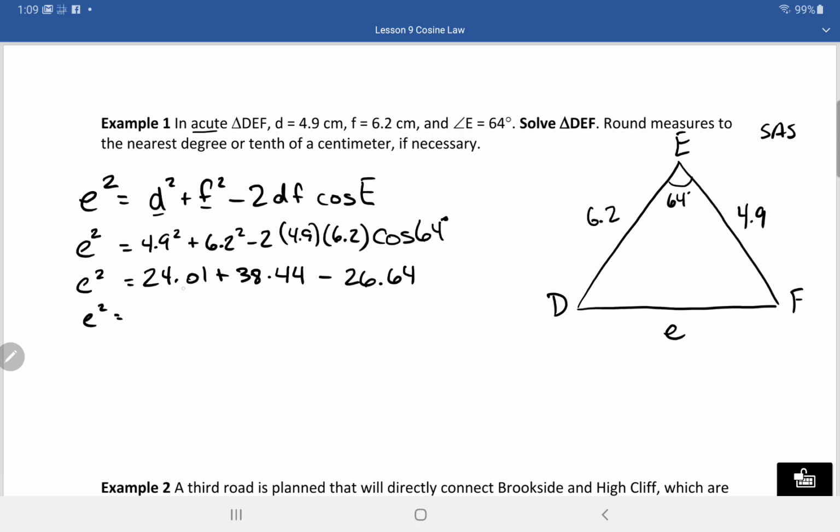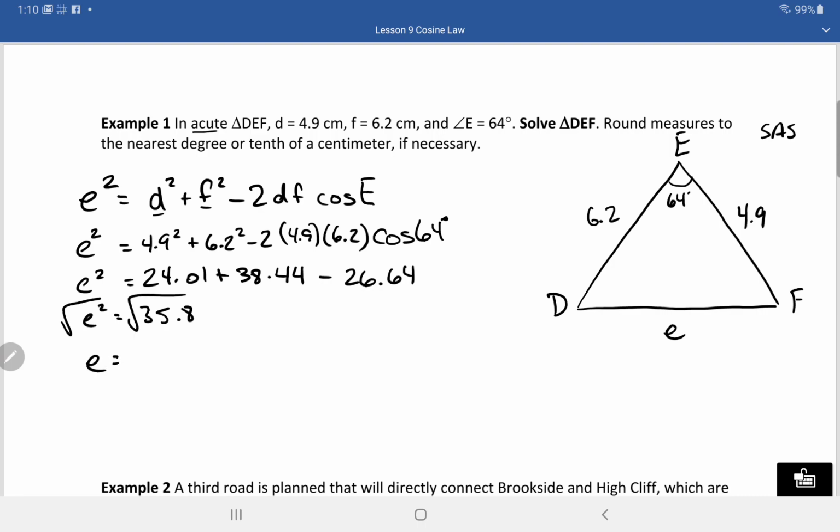And then we can just add 24, 38 and subtract the 26. And you get 35.8. And then to get rid of the squared, the opposite of squaring something is square rooting both sides.